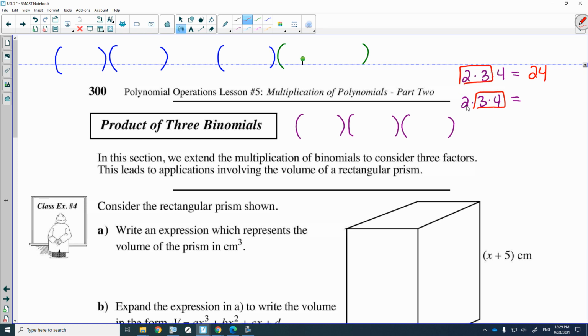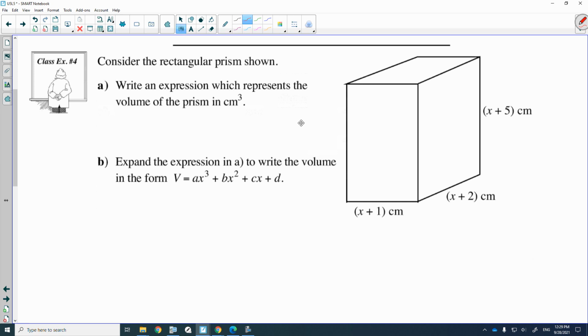24. So what I'm sort of trying to show you is when I give you three binomials and I say multiply them together, you could multiply these first two to start with or these last two. I always do the same thing over and over. I multiply the last two first. So I'm going to show you that method, but you would get the same answer if you multiply the first two. So let's look at this. This is what I mean. Class example 4. Consider the rectangular prism shown.